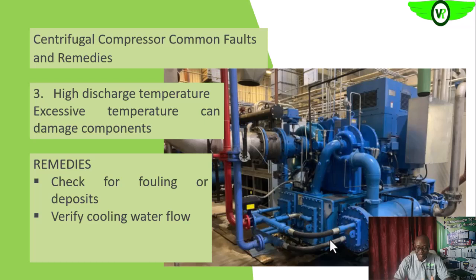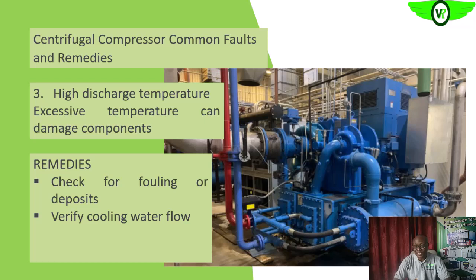So we want to maintain an optimal operational parameter, which means we want to be looking at the inlet and the outlet temperature of the cooling water from each of these, the intercooler and the aftercooler, to ascertain whether they are working properly. And if the delta T is small, that could be an indication that we have a lot of fouling within the inter and the aftercooler, and then we can call for maintenance.